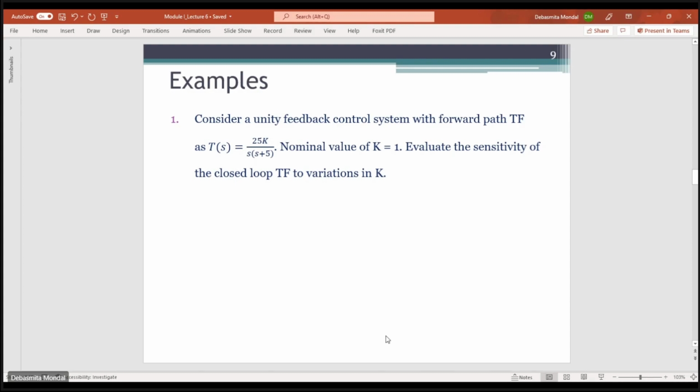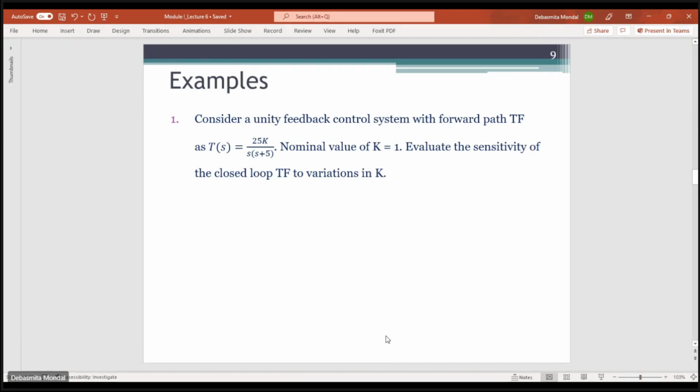Ma'am, closed loop. Why closed loop? The forward path transfer function is T(s). Oh yes, ma'am, it is between only the forward path, so it should be open loop.